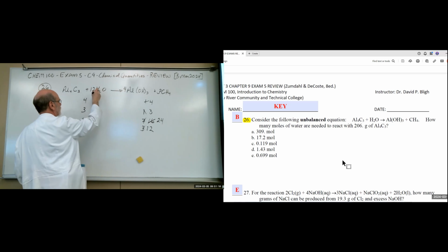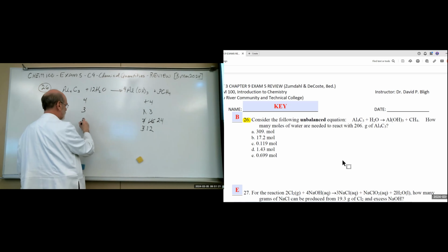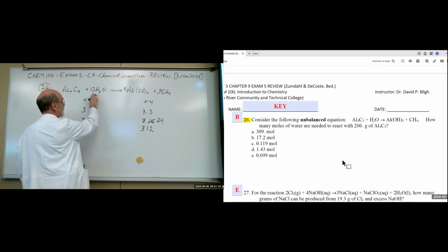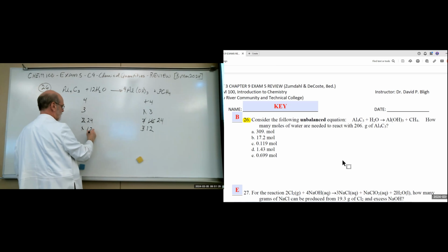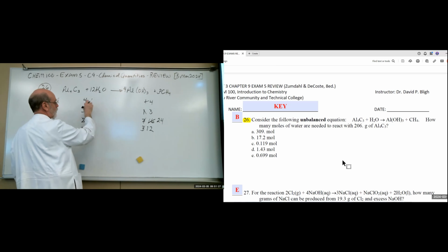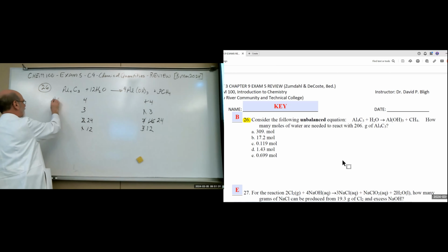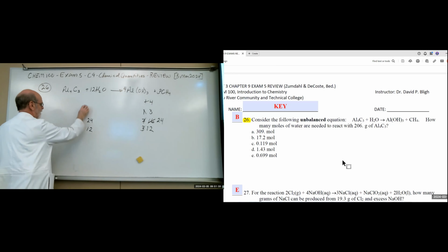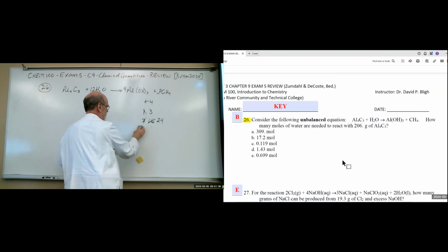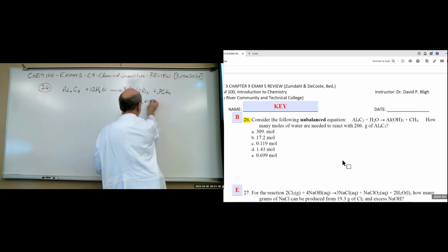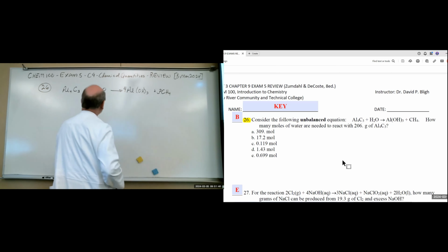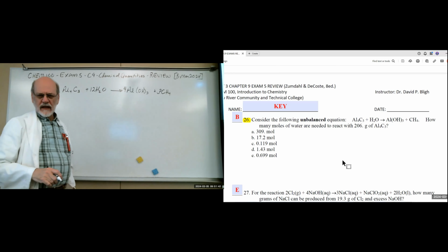Multiply by 12, 2 times 12. That gives you 24 hydrogen here, and that gives you 12 oxygen. 12, 24, 34. That's balanced. Okay, now we can work with it.